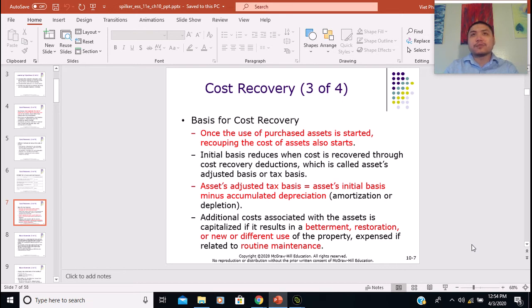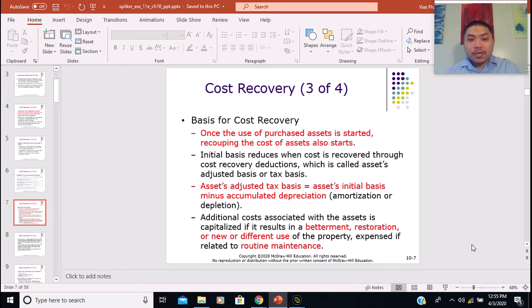For example, if you have been using a truck as a delivery truck, and now you want to change its purpose to become a food truck, the cost of the transition and the adjustments also need to be capitalized and recovered over the periods of useful life.